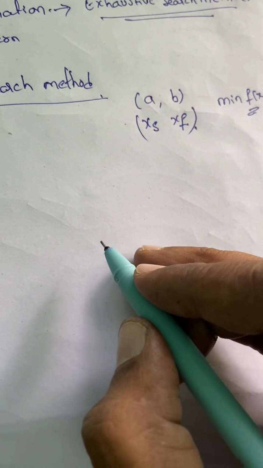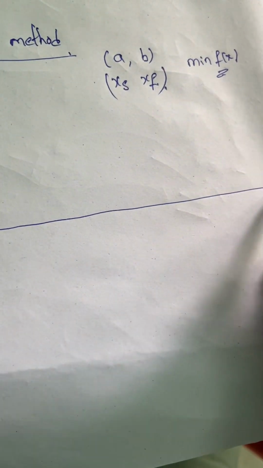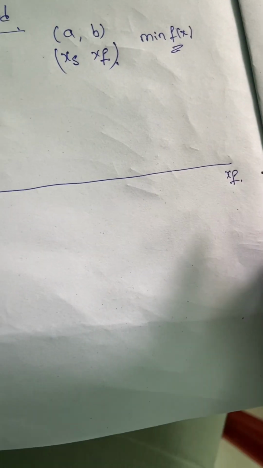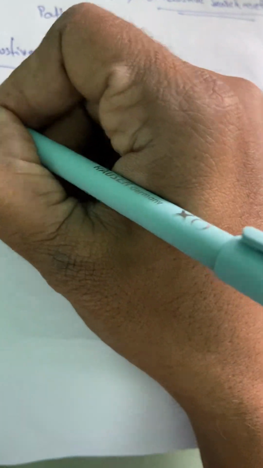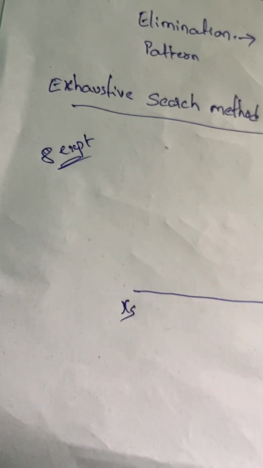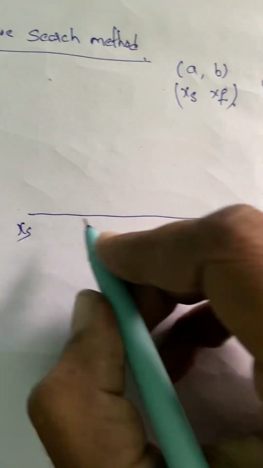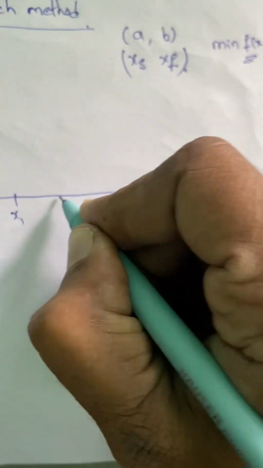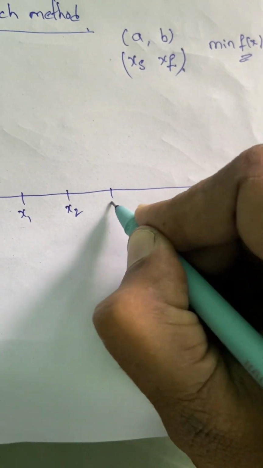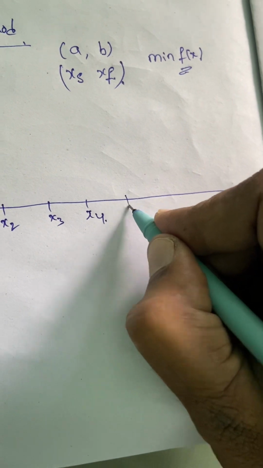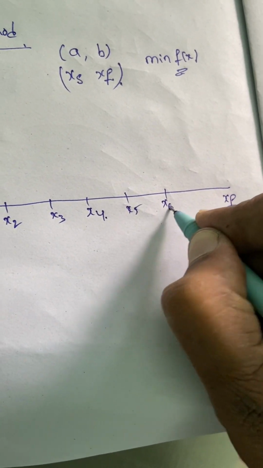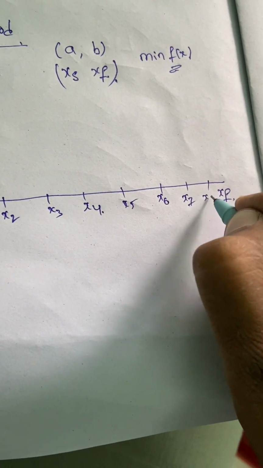So what we are going to do is draw an interval from x starting to x final, and we are going to evaluate. We are going to take 8 experiments in this given x starting to x final interval, that is x1, x2, x3, x4, x5, x6, x7 and x8.